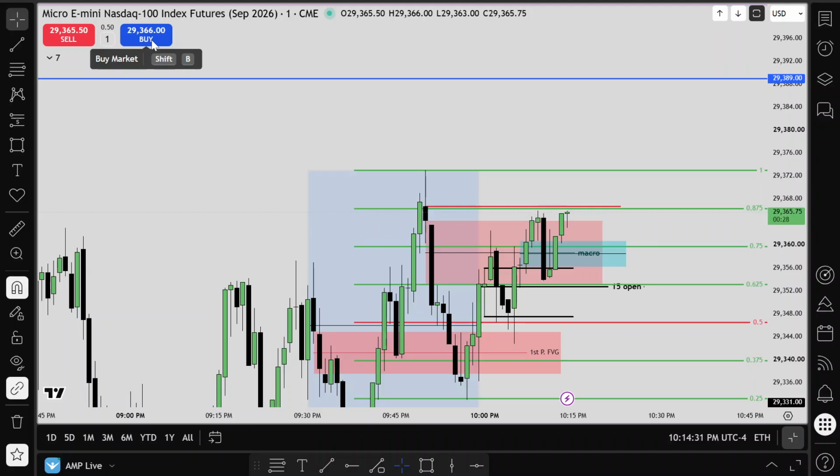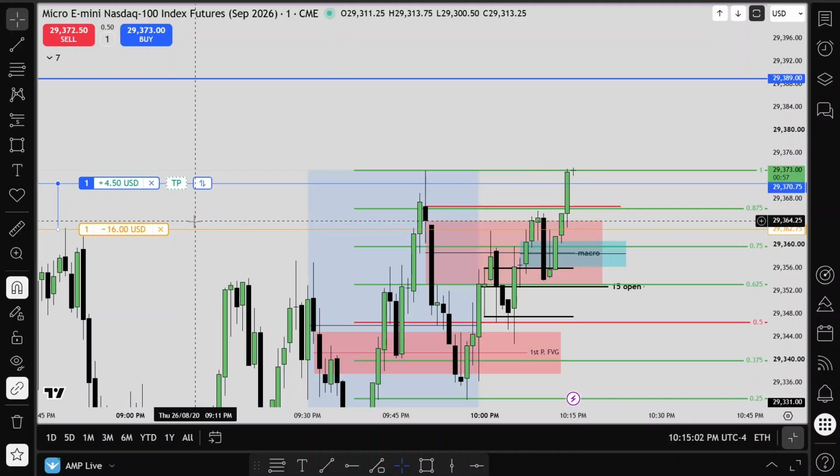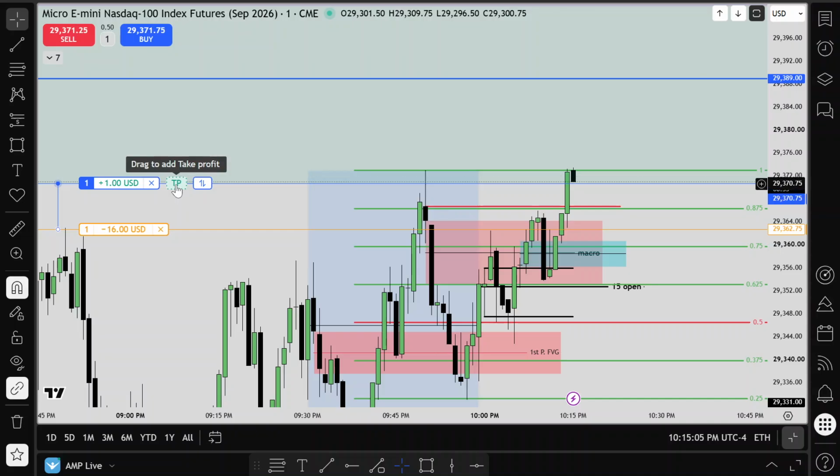Oh no, let's make a relative equal high and then another one. It's probably going to stop right there. Go just a tick above the high.